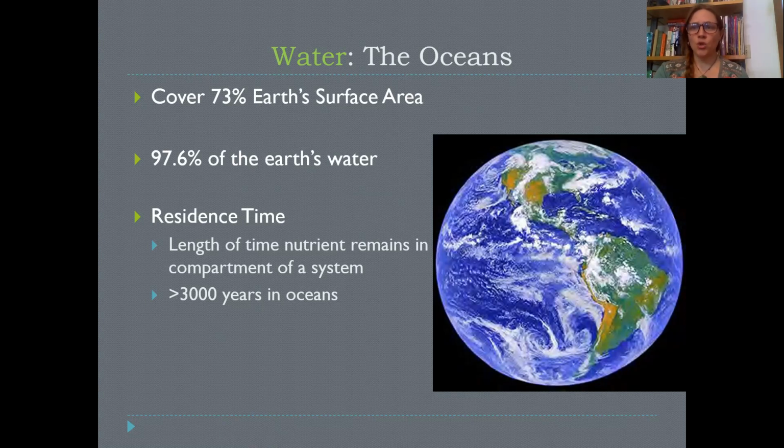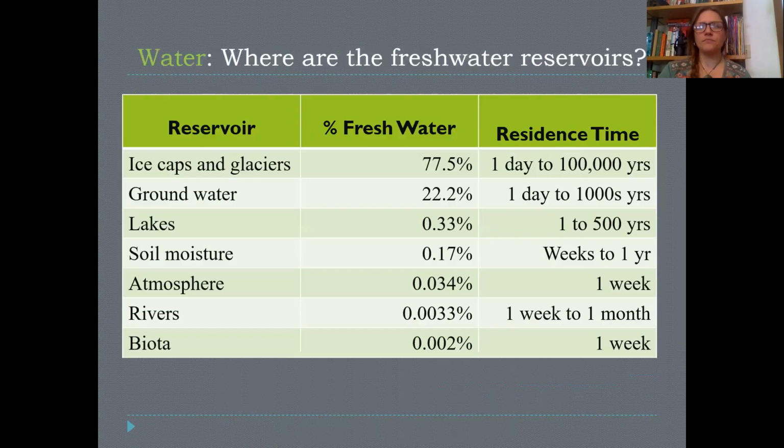So it might have a very short residence time. Other water molecules might be trapped in the very, very deep ocean away from currents for long periods of time. But on average, a water molecule that enters the ocean stays there for about 3,000 years, which is a relatively long residence time compared to the scale of a lot of nutrient cycling.